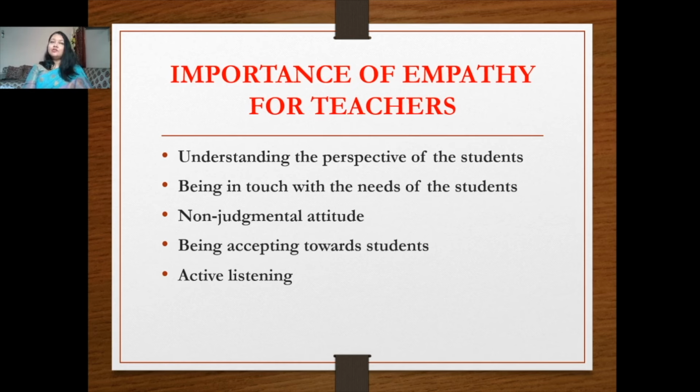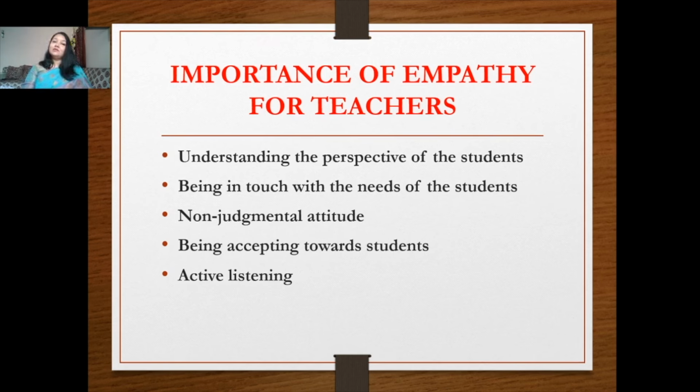Okay, if we move away from judgment, or let judgment happen automatically and then move away from that, we will try to talk to the student and try to understand the reason why they are behaving like that. Being more accepting towards our students, like I said. So if you take their perspective, if you're non-judgmental, you will be better able to understand your students.